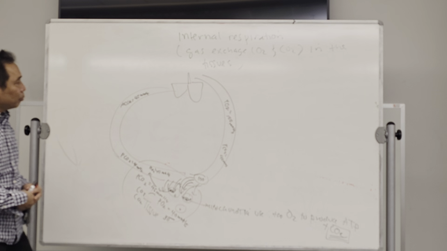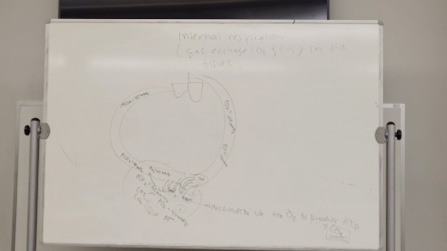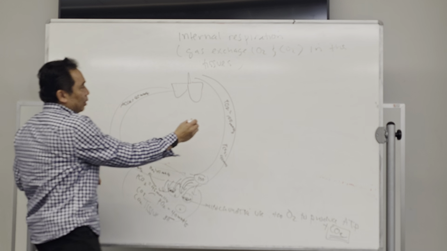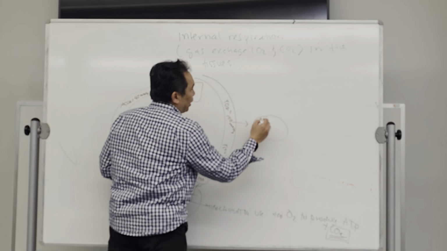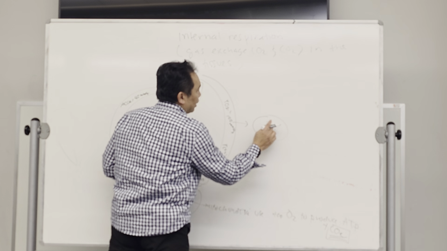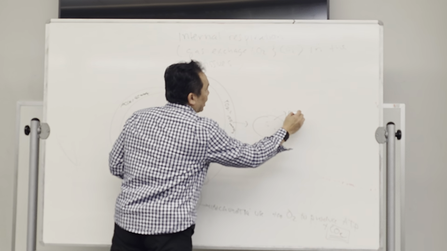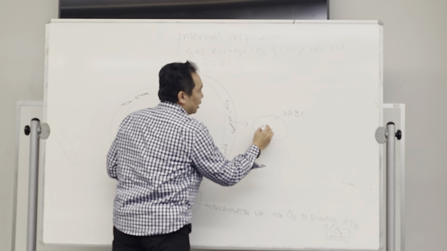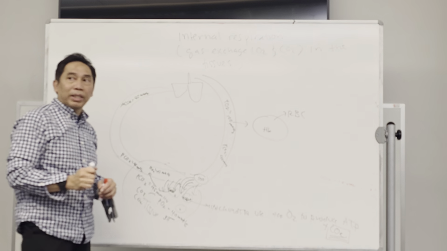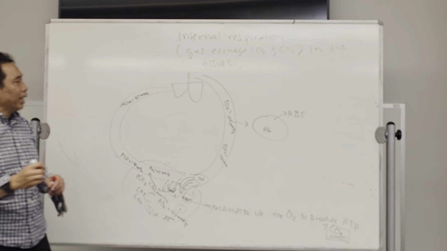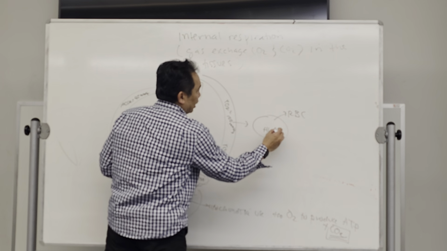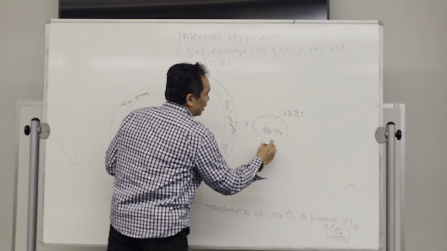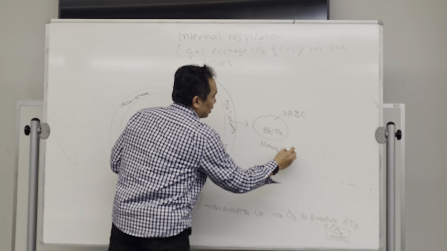Okay, do you have questions so far? Now the oxygen over here mostly will be carried by, so this is a red blood cell. There is a special protein in the red blood cell that will carry the oxygen. It's called hemoglobin.